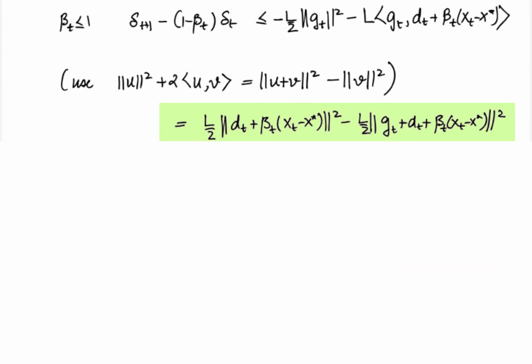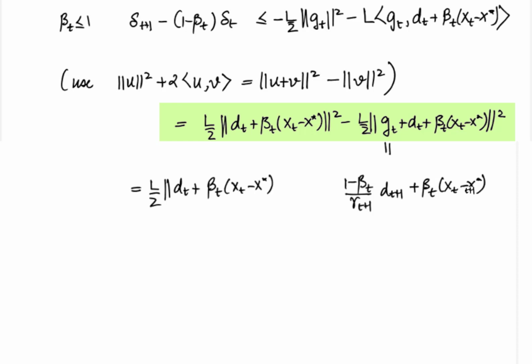To that end, we will use the fact that g_t + d_t + β_t(x_t − x*) is equal to ((1 − β_t)/γ_{t+1}) d_{t+1} + β_t(x_{t+1} − x*), which yields the recursion Δ_{t+1} − (1 − β_t)Δ_t ≤ (L/2)‖d_t + β_t(x_t − x*)‖² − (L/2)‖((1 − β_t)/γ_{t+1}) d_{t+1} + β_t(x_{t+1} − x*)‖².